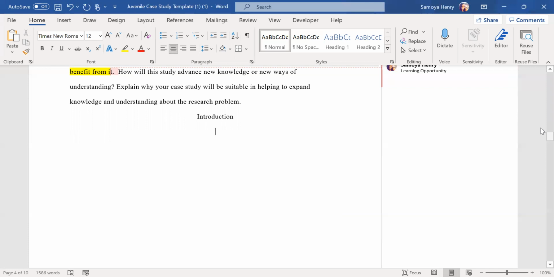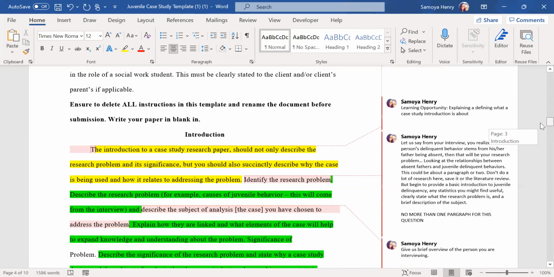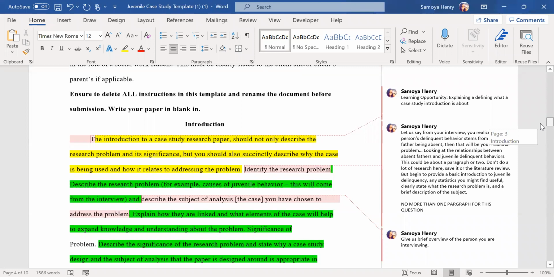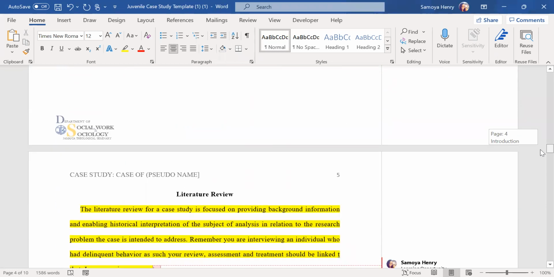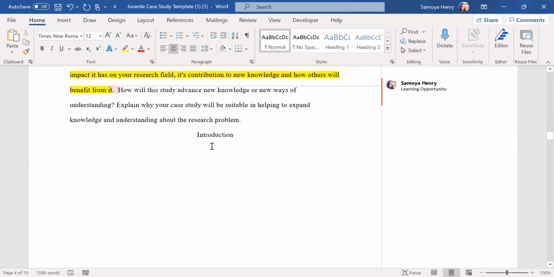I always believe that you should begin your paper with some kind of definition, overview, or something. That is just me, okay? So my style of writing is always to begin with either a data, statistic, or definition. Some people like to begin with quotes, and I have no problem with quotes.